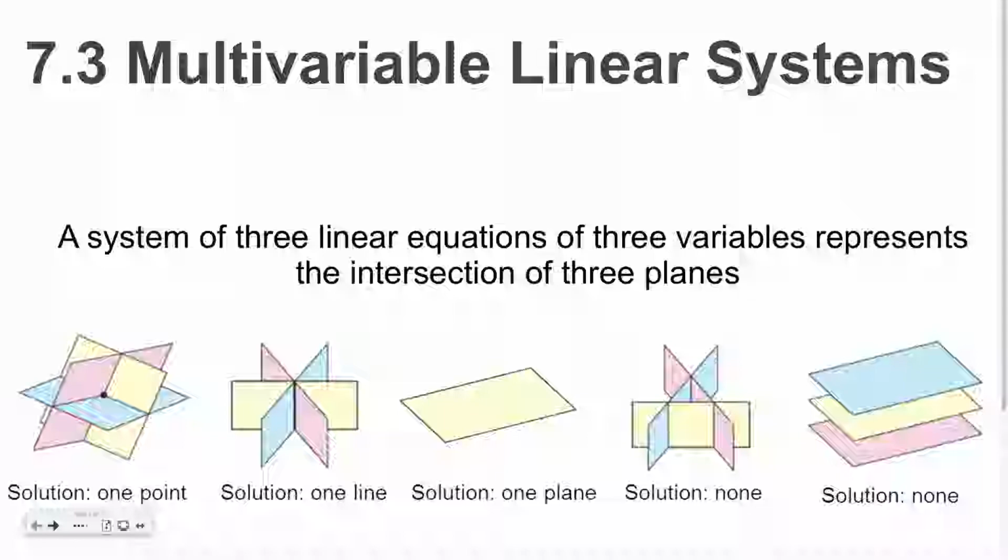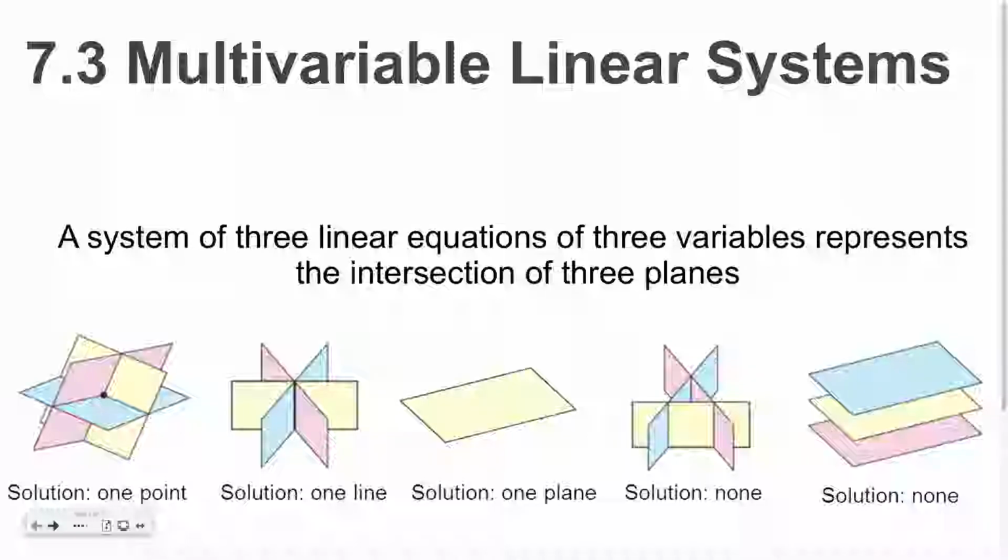If our three planes intersect and they're all the same, we would have an infinite number of solutions. But if our three planes intersect in the form of a line, that would also be considered an infinite number of solutions. Right? There's an infinite number of points on a line.